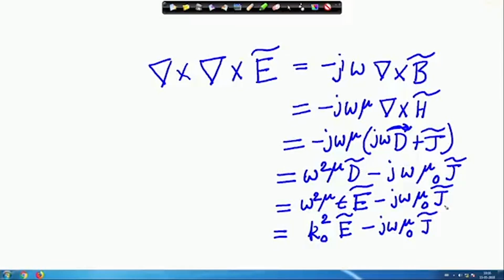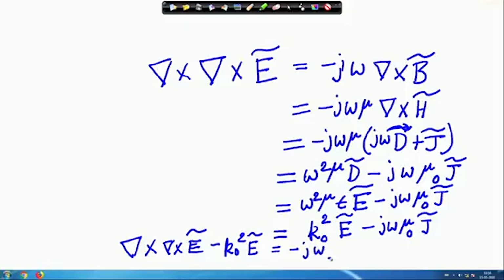So, now you see that in this equation, if I take this k naught square E here, I can write del cross del cross E minus k naught square E is minus j omega mu naught J.